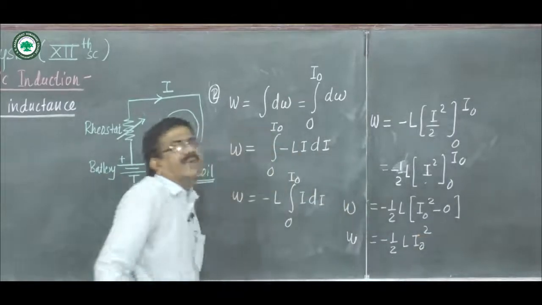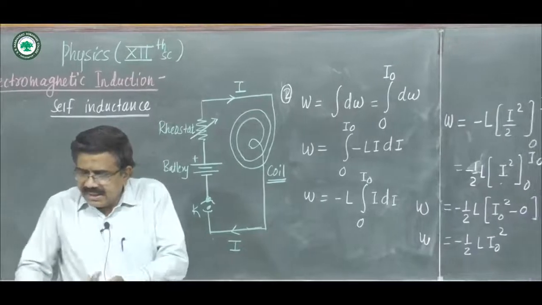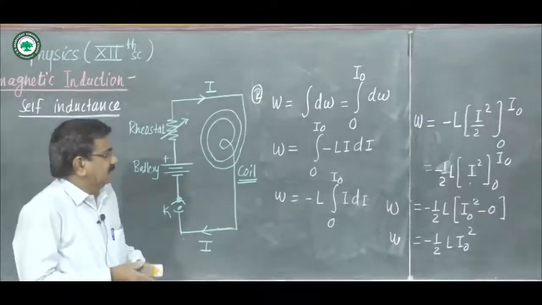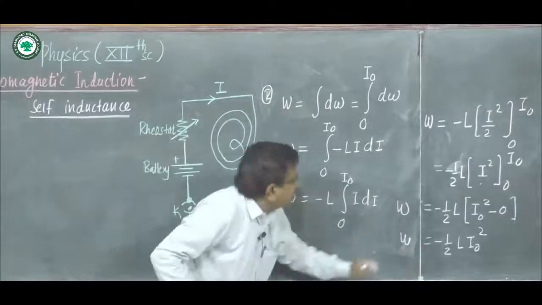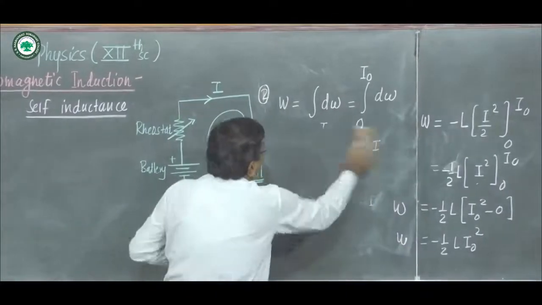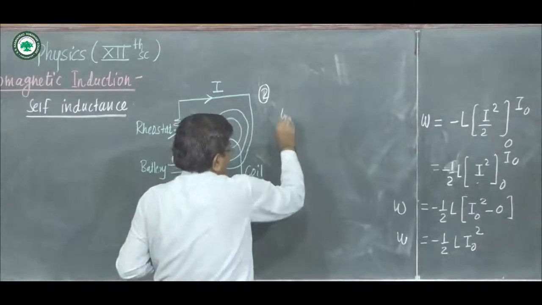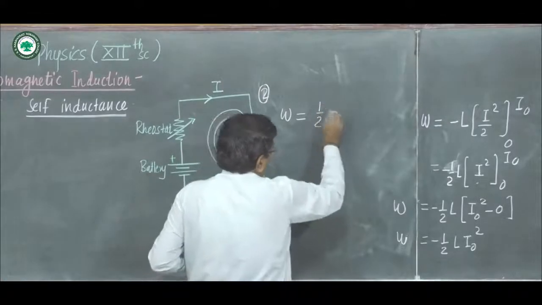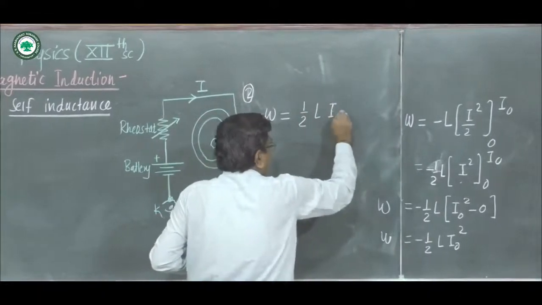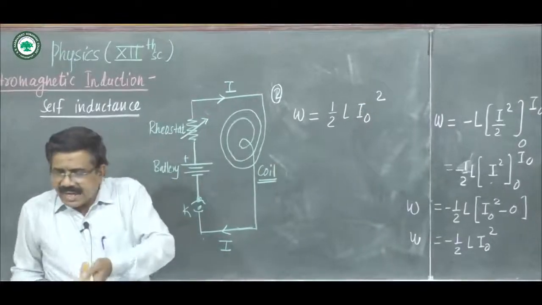This is the total work. If we consider the magnitude of this work, we ignore the negative sign and we write this work as 1/2 L I0 square.